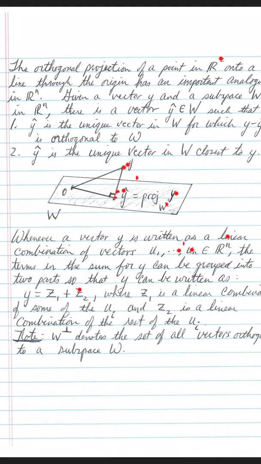Let's make a note here. W with what looks like an upside down capital T, but that's actually a symbol for orthogonal, denotes the set of all vectors orthogonal to a subspace W.